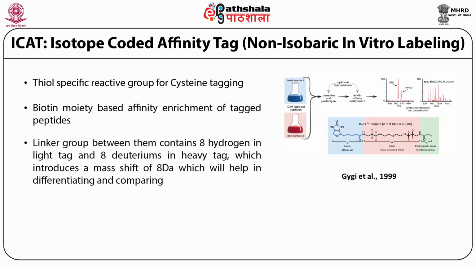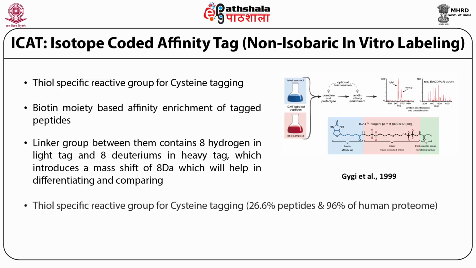The linker group between them contains 8 hydrogens in the light tag and 8 deuteriums in the heavy tag, which introduces a mass shift of 8 Dalton, which will help in differentiating and comparing. The thiol-specific reactive group for cysteine tagging is 26.6% peptides and comprises of 96% of the human proteome. This limitation sometimes is overcome by what you call as the isotope coded protein labeling.